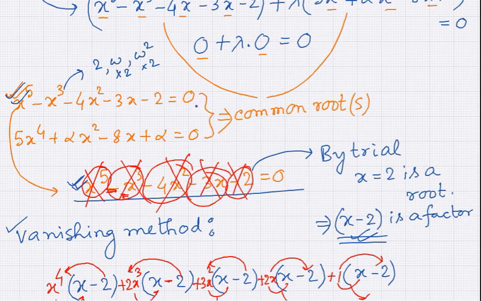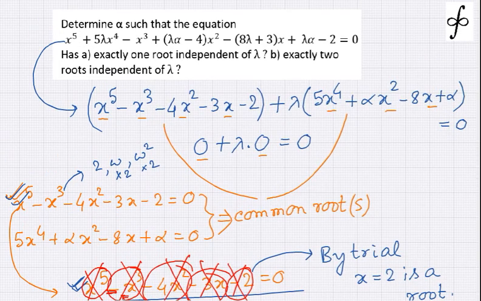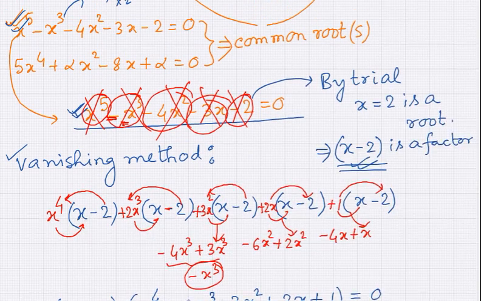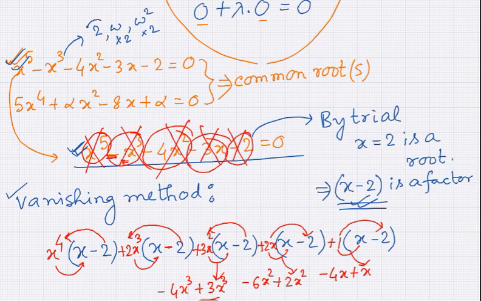And now these two equations will have one common root. For the first case, it says exactly one root independent of lambda. So in that case, these two equations are going to have exactly one common root, and that common root has to be 2. So for the first problem, 2 is going to be that common root, so 2 is going to satisfy the other equation.